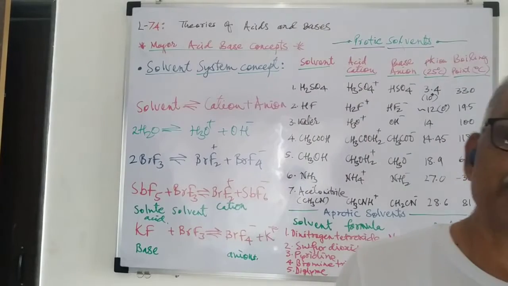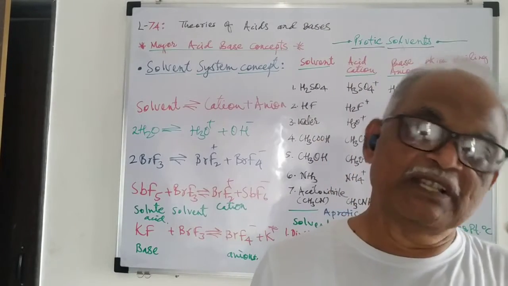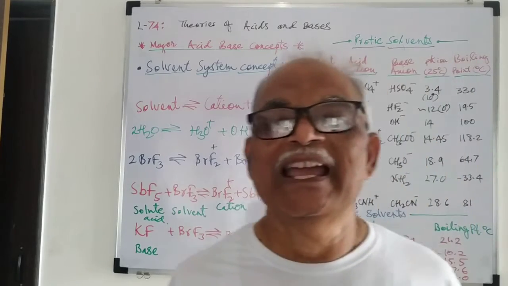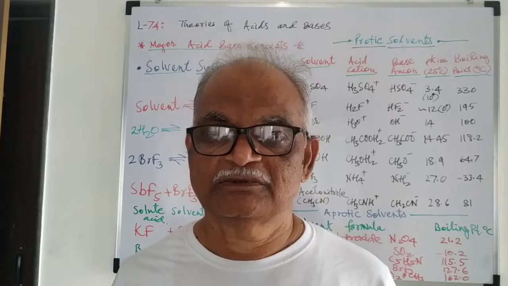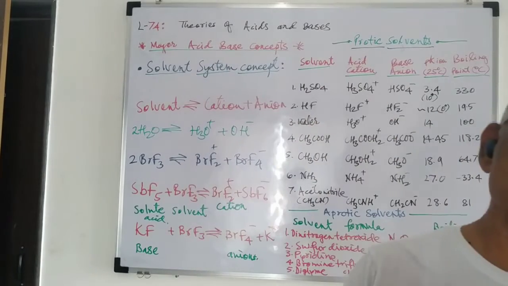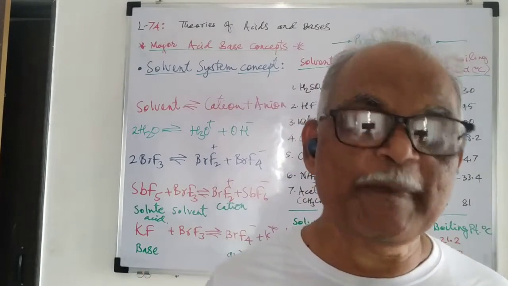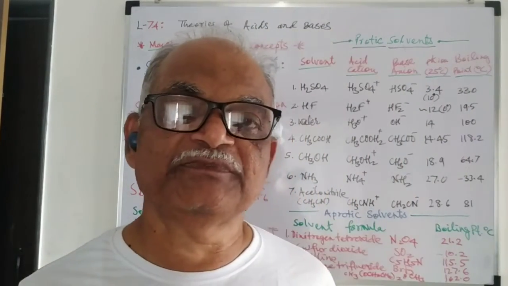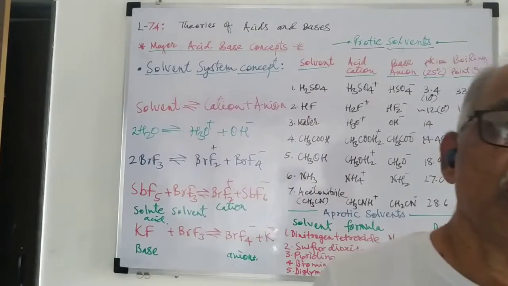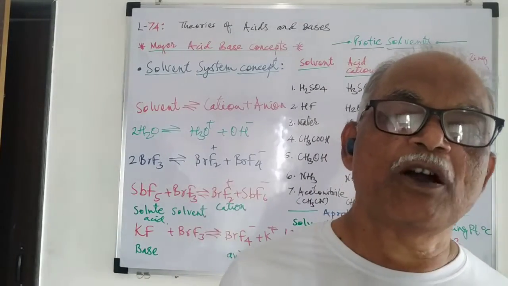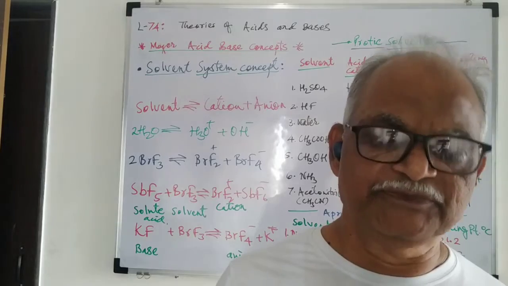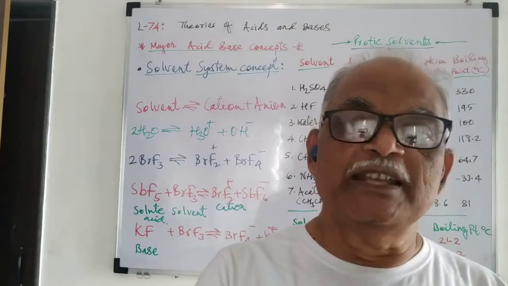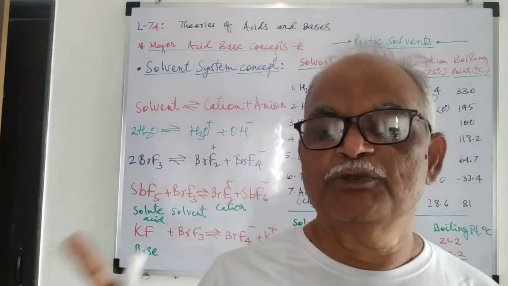According to Bronsted-Lowry, when acid reacts with base, it gives two conjugate pairs of acids and bases. For example, in the reaction between HCl and NH3, or any other example, there is formation of two pairs: acid 1, base 1, acid 2, base 2.